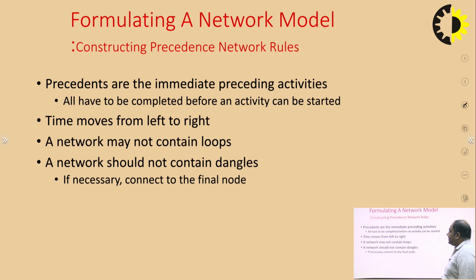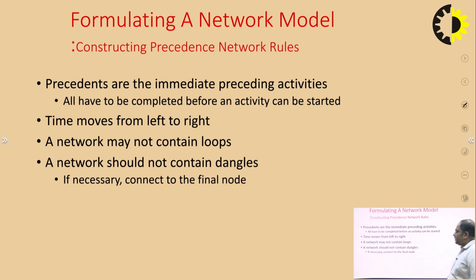Then precedents are the immediate preceding activities. Precedent means, like, we are developing any software and there are two parts, one is hardware requirement and another is hardware design. So these two activities are dependent on each other. So it means precedence. Time moves from left to right.